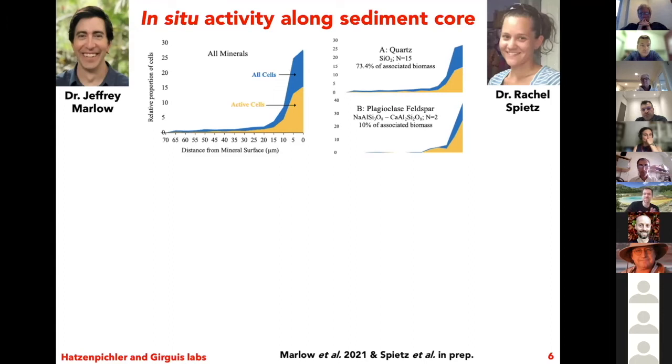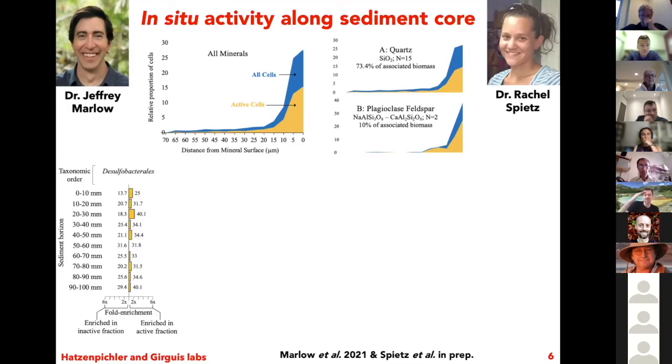And we can play around with these different mineral phases to determine how biomass is associated with them and is physiologically active. And then we can bring this together with our separate data set, where we sorted cells based on their fluorescence, so based on their translational activity, and used 16S rRNA gene sequencing to determine, in 1 centimeter increments into the sediment core, whether particular taxa of organisms are more or less translationally active.